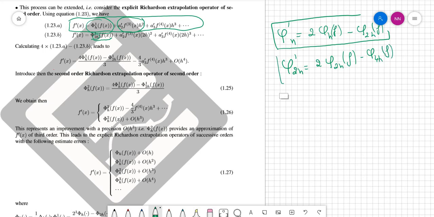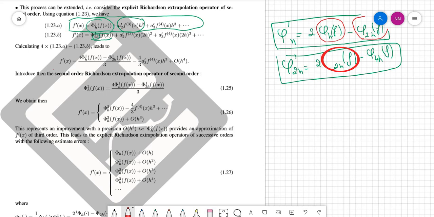So if we calculate these two expressions, phi 1h and phi 1 2h, for the first one we use explicit approximations for h and for 2h, and for the second one two explicit approximations for 2h and for 4h.